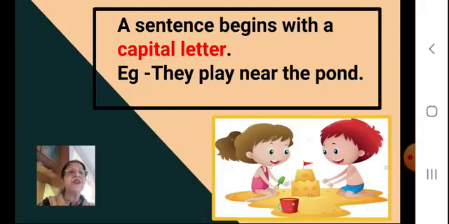No. So here it is starting with T, so I have circled T. They play near the pond. Here we have started the sentence with a capital letter, and the capital letter is T.